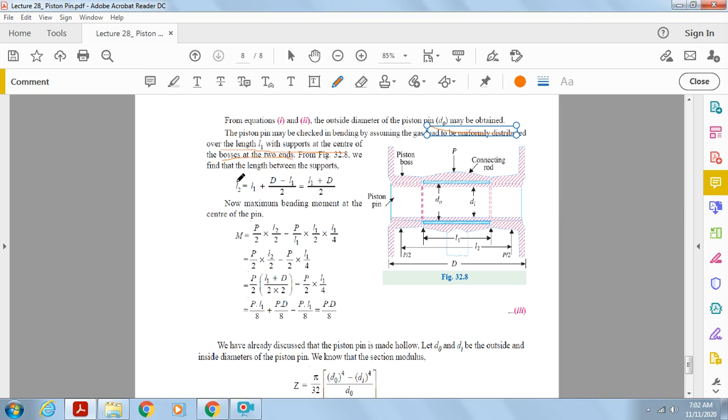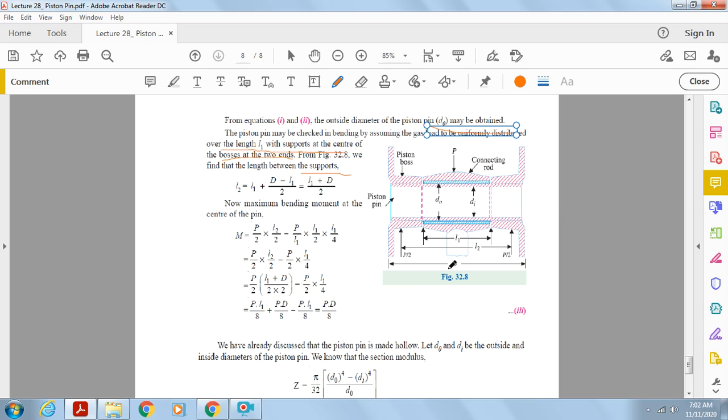L1 is the length of the piston pin, and D0 is the diameter of the piston pin. Here two supports are provided, so each support takes a load of P by 2.